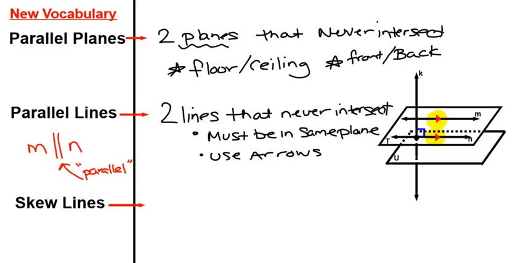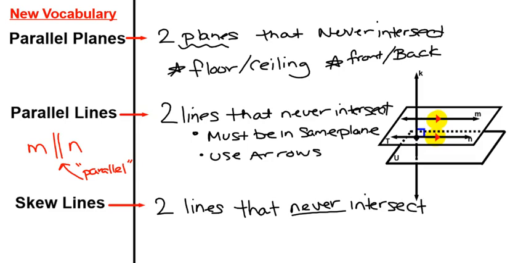Then the last term that we have here is, well, second to last, I guess, is skew. Those are 2 lines that never intersect. And notice that part of the definition is exactly the same as what we just got done talking about: 2 lines that never intersect.